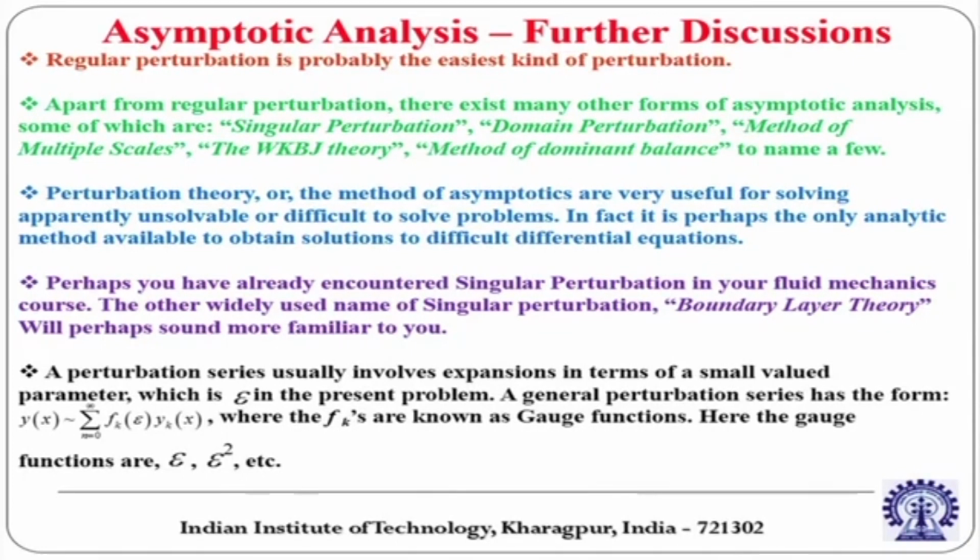A perturbation series usually involves expansions in terms of small valued parameters, which is epsilon in the present problem. A general perturbation series has the form y equal to summation of f_k(epsilon) into y_k(x), where f_k's are known as gauge functions. Here the gauge functions are epsilon, epsilon square, epsilon cube, like that.